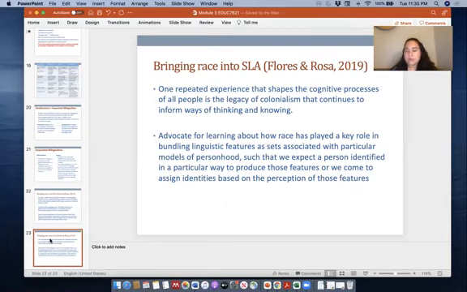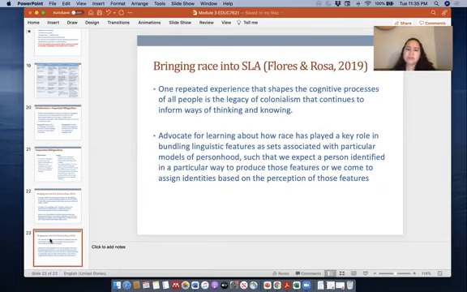With regard to cognitive approaches to language, they assert that we need to take into account how the legacy of colonialism continues to inform the cognitive processes of people and the way we perceive language, and consider what counts as proficient and what counts as idealized language.